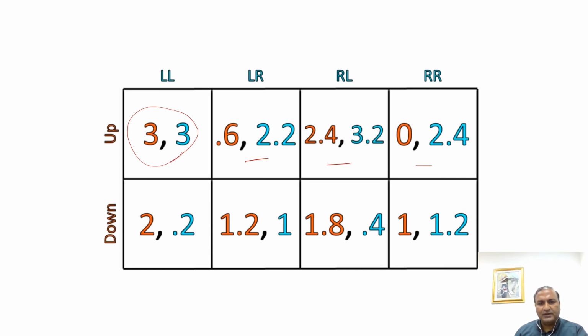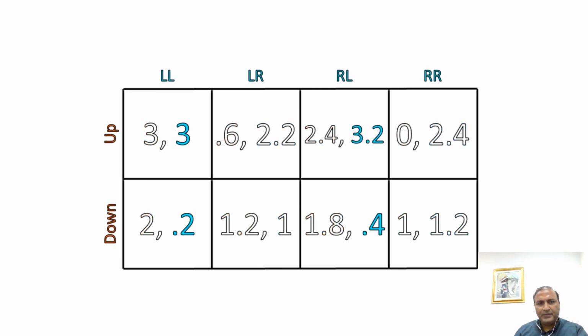You can use any method to find the Nash equilibrium of this game. But let us now use removing the dominated strategy. So if you look at the payoff, let me show you in the highlighted way.